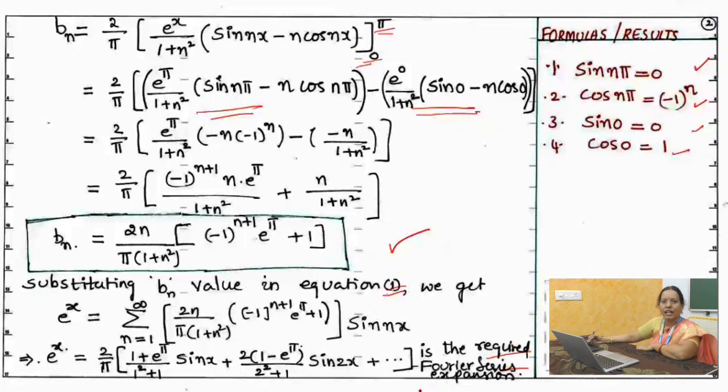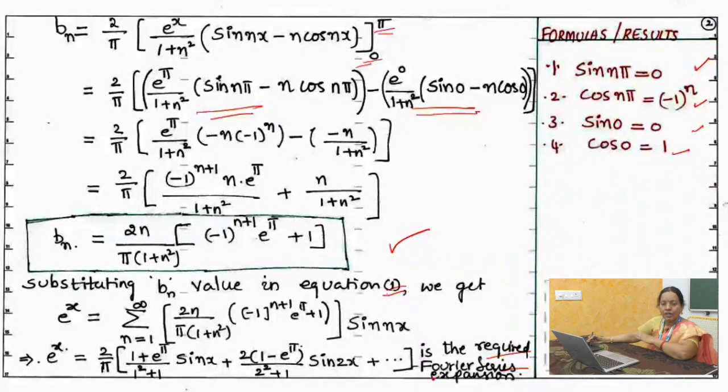Expansion in the sense, put n equals 1 first and then n equals 2, add it up. Then we get 2 by pi, brackets we can take common 2 by pi overall, then 2 by pi 1 plus e power pi by 1 square plus 1 sin x plus 2 into 1 minus e power pi by 2 square plus 1 into sin 2x and so on.